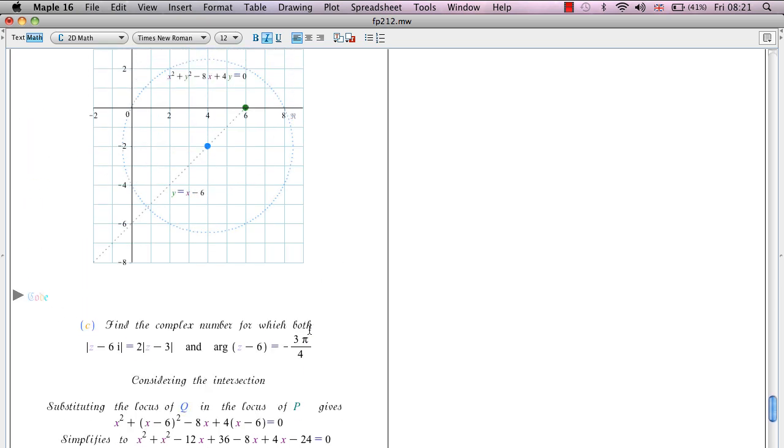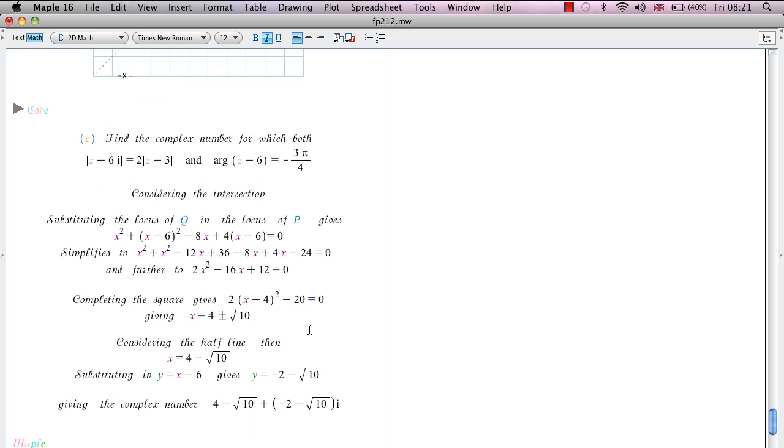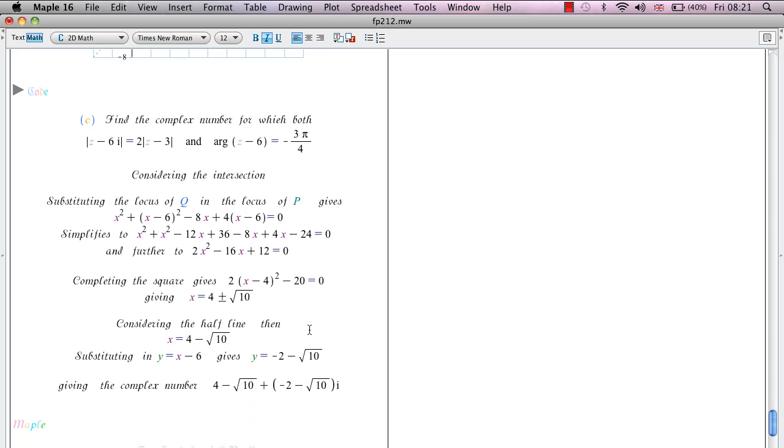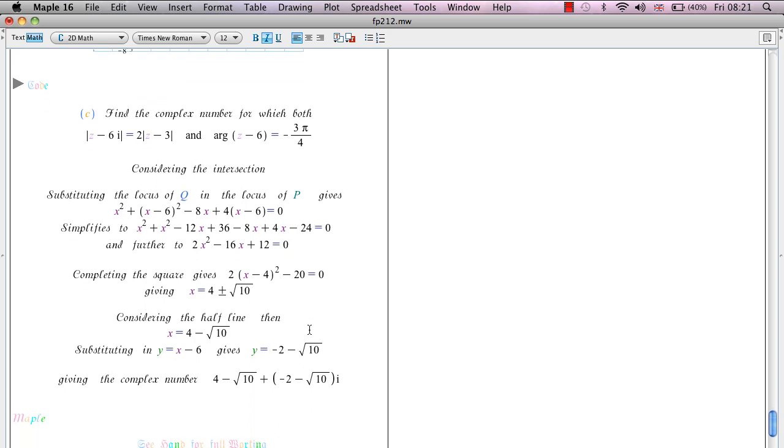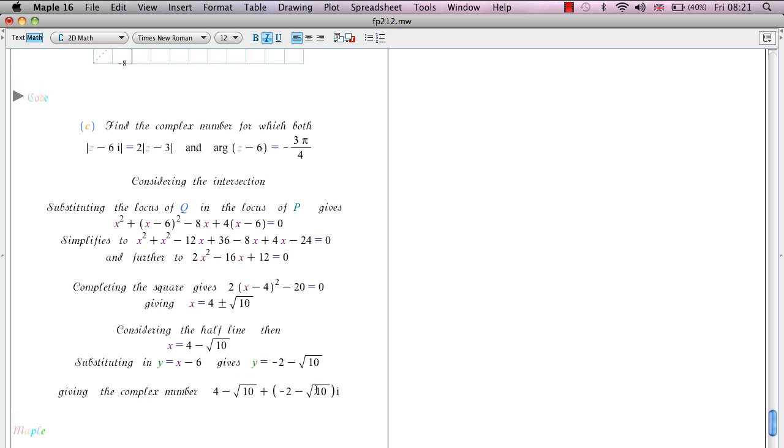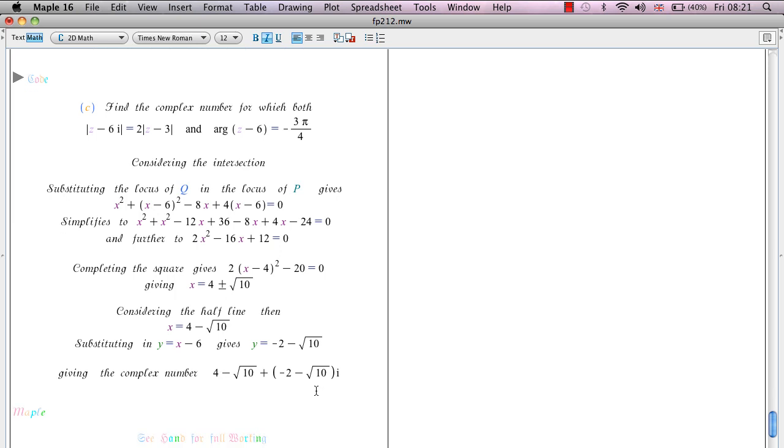Considering the half line, then x will be 4 minus root 10. Substituting in the straight line equation gives y as minus 10 minus root 10, so we can write down the complex number required.